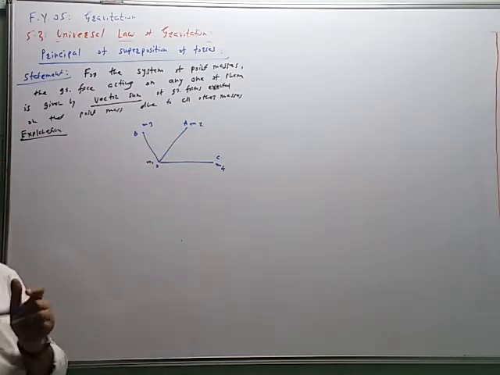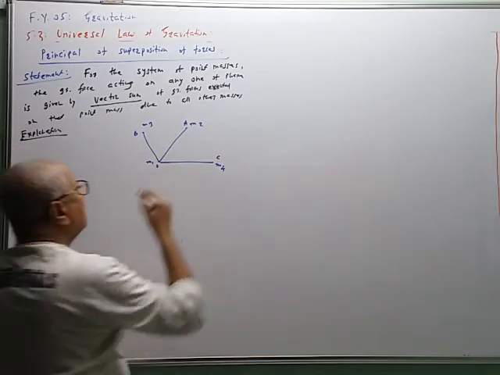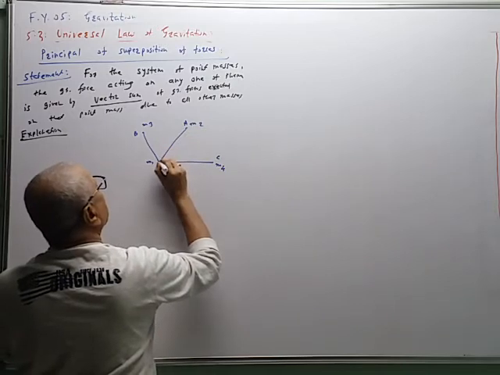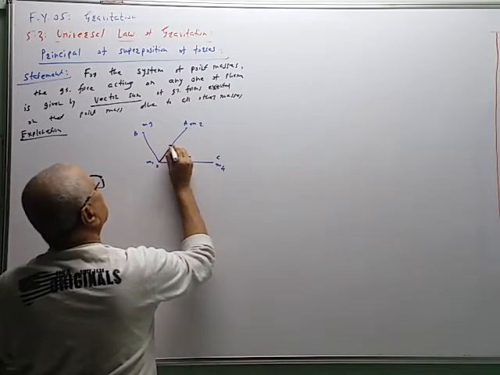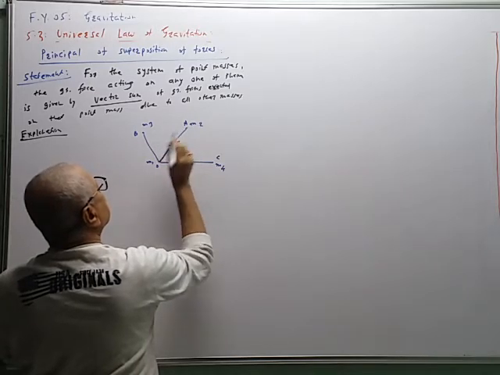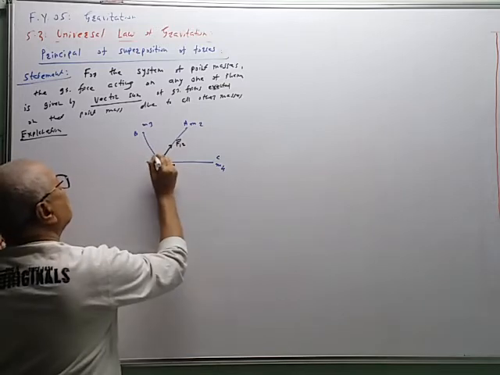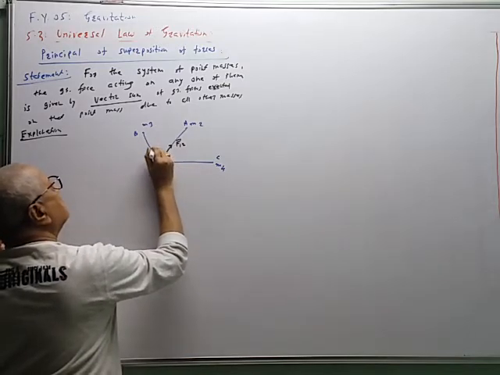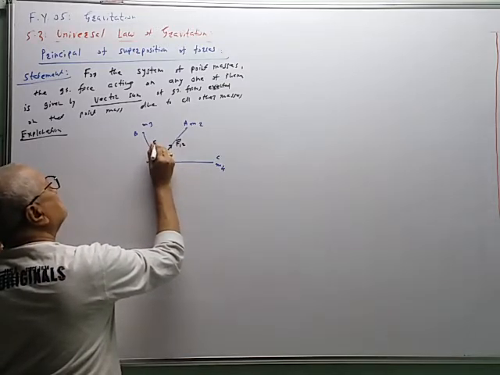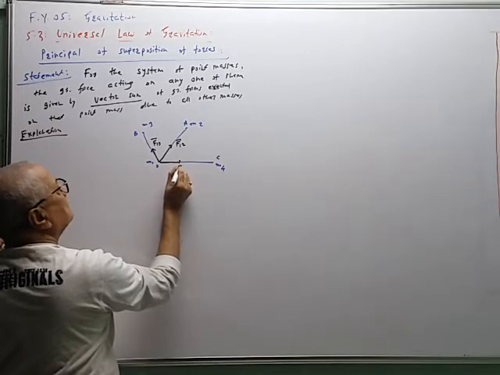So these forces are like this. So the force exerted by m2 on m1 is in this direction. So we will denote it, it is the force exerted by m2 on m1, F12. This is the force exerted by m3, F13. This is the force exerted by m4.